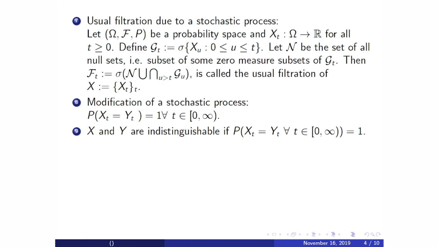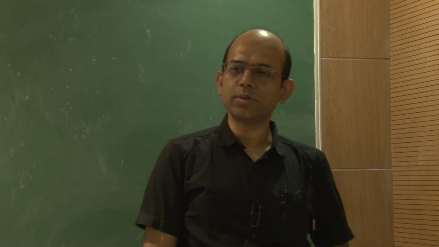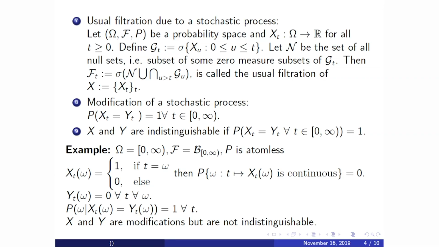That can be explained with one small trivial example. Consider omega to be the closed-open interval 0 to infinity, with the Borel sigma algebra on omega, and P is atomless. That means for any given point in it, P of that singleton is 0. There are plenty of such atomless measures.